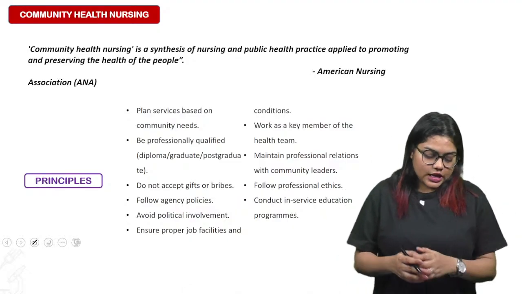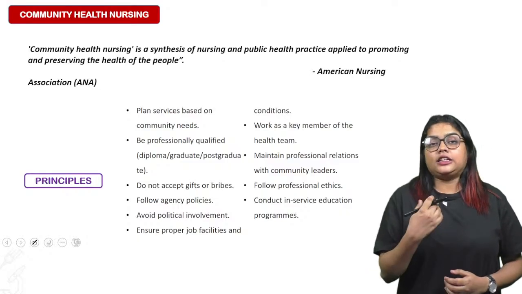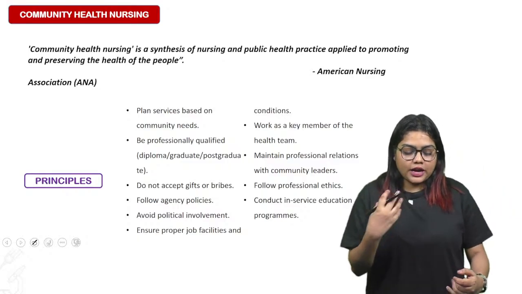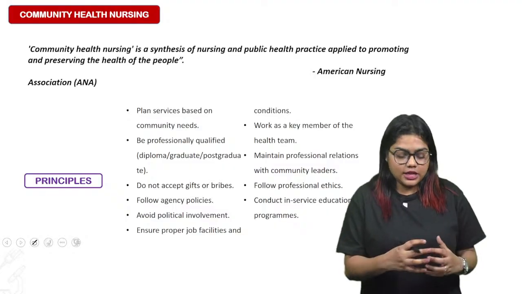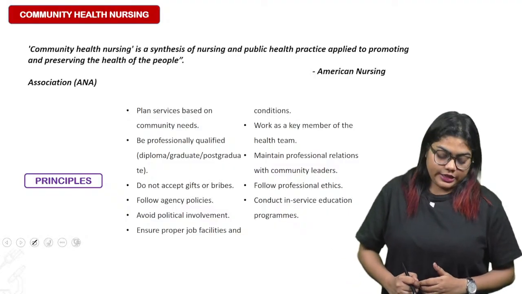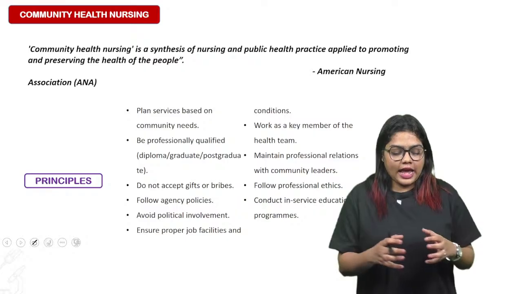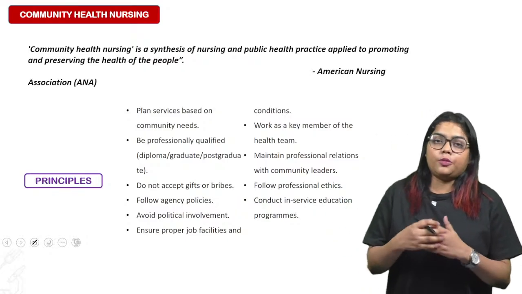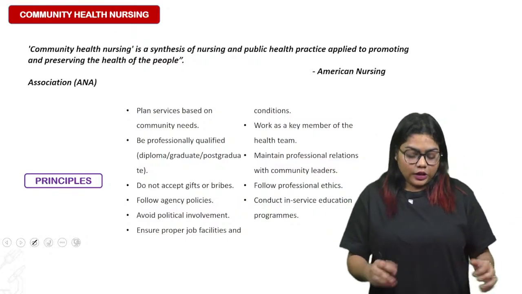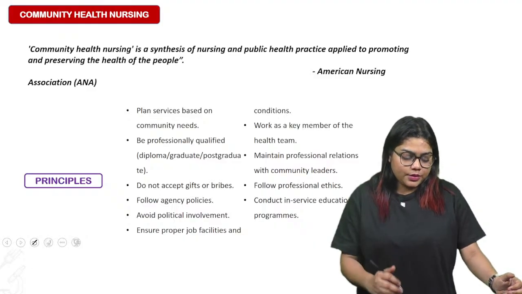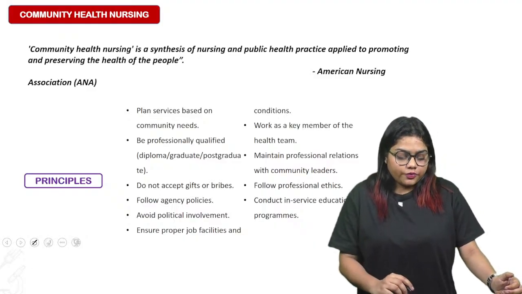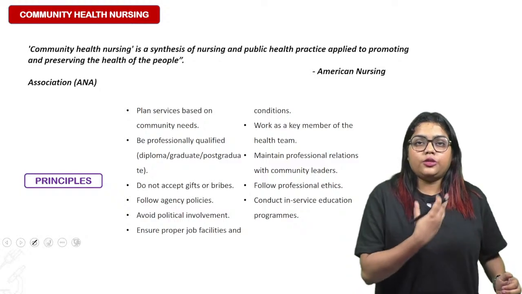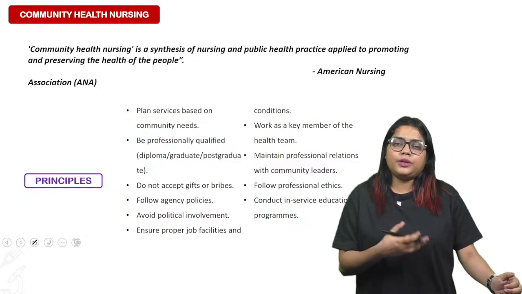The next one is to be professionally qualified, like a diploma graduate or postgraduate in a particular professional degree. Do not accept any kind of gift or bribes from the people, their patients or family members. Follow the agency policies you are related to, it can be an NGO or any health center.